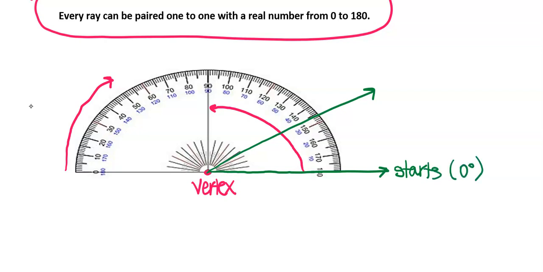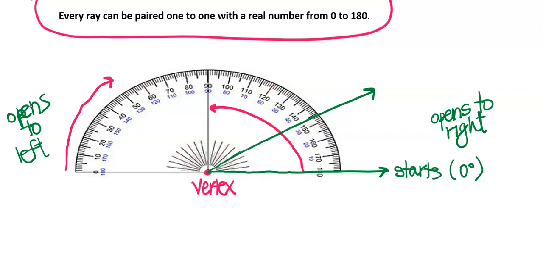I would use this one because it's going off to the right. If my angle opened up to the left, I would use the 0 on the left side and the outside numbers. So for this one, I would call this one about 34 degrees. And I just hand drew it, so it's not very good. But when you're making angles or drawing angles, you should always use a ruler.